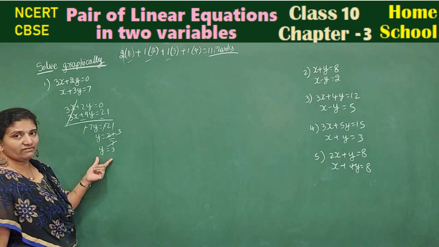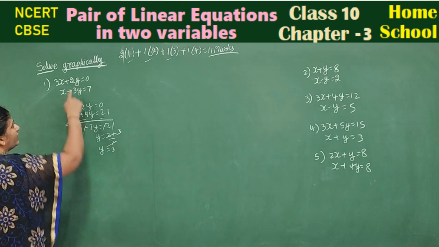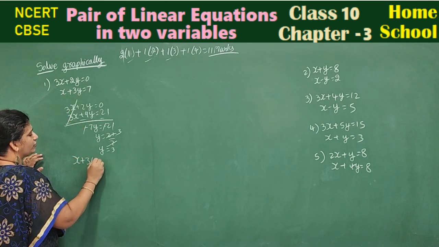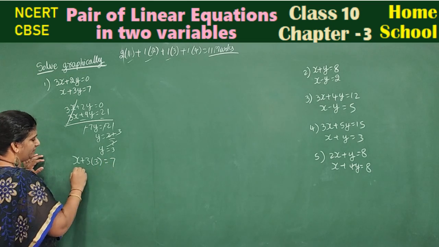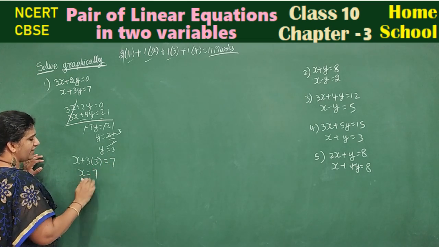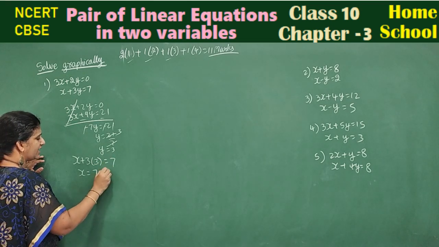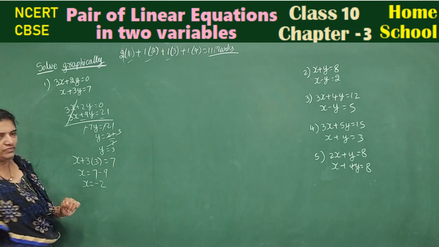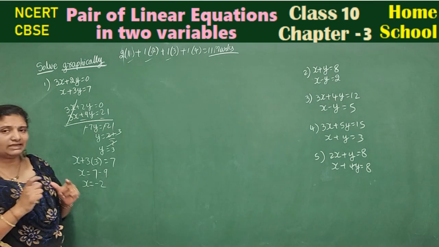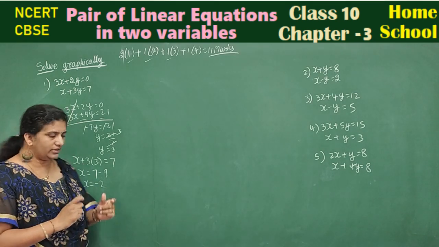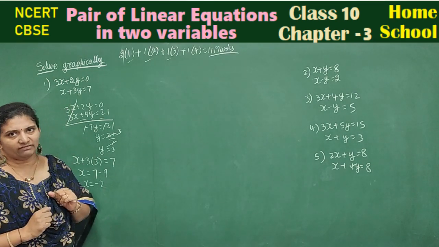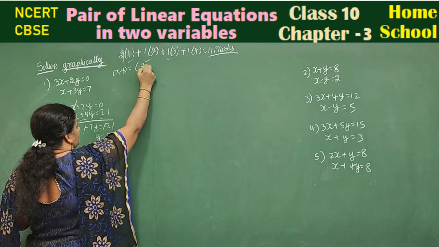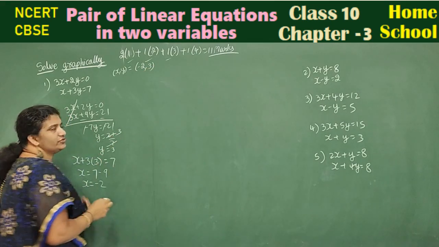Okay, now substitute this y value in any one of the equations. I'll substitute here. x plus 3 into 3 is equal to 7. 3 3s are 9. Send the other side, minus 9. x is equal to minus 2. So the main thing you need to remember here is the x and y value. x, y is equal to minus 2, 3.